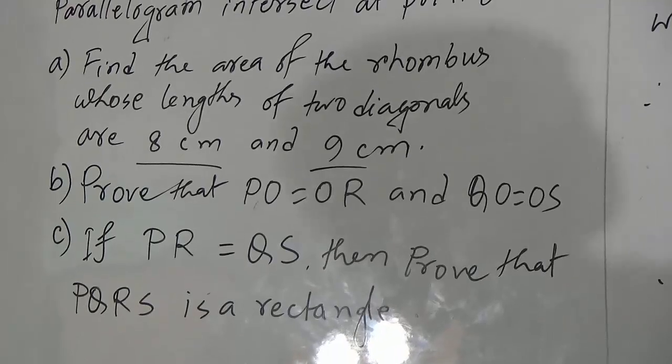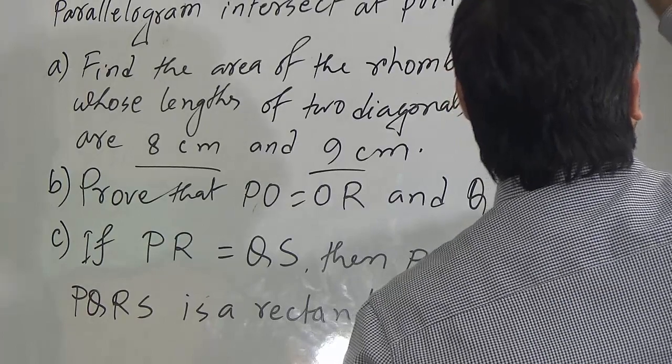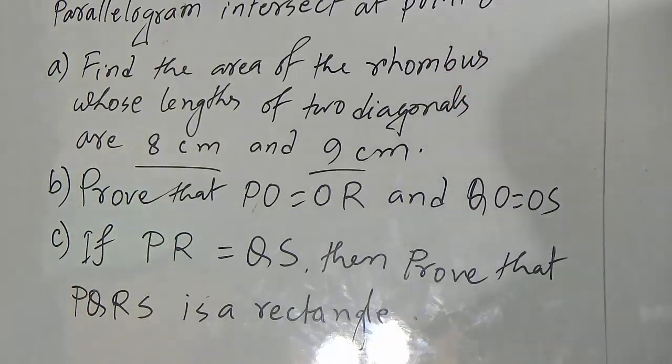The diagonals of the parallelogram bisect each other. How can we prove? We can show here.